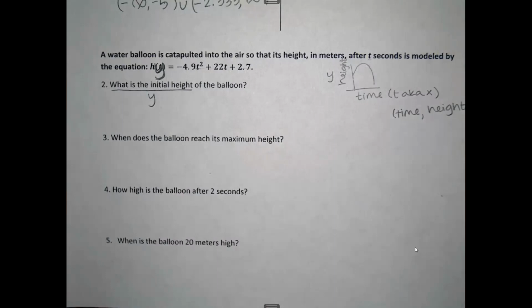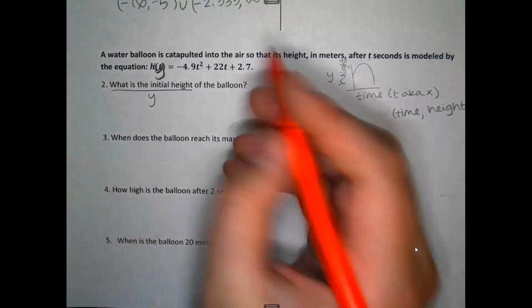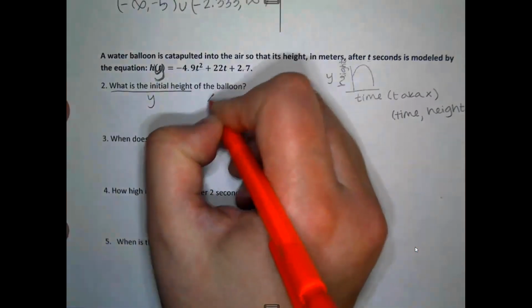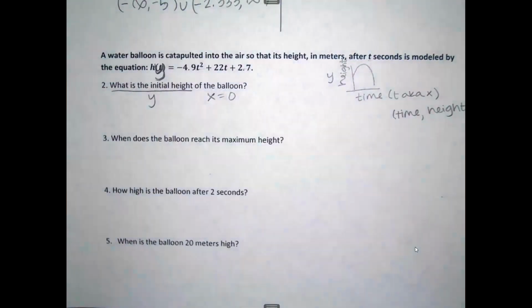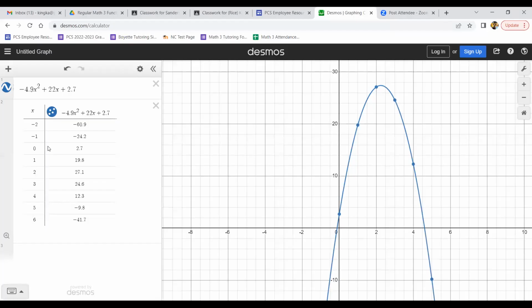So anytime you start something, you're always starting at 0. So if they're asking for the initial height of something, they're always asking you to start at a value of 0. So let's look at the table. At 0, you have 2.7.